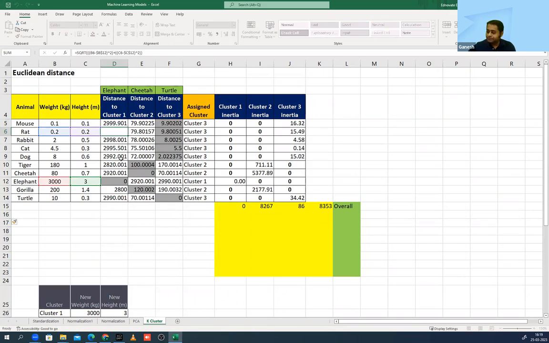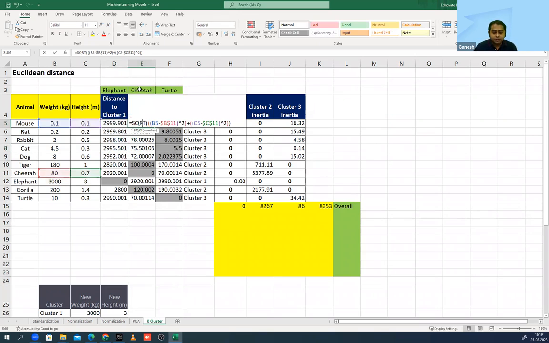Obviously, when I do it for the first time, it is not going to give a very good result because I have chosen randomly. Is everyone with me so far? And we'll do the same process for the second case, cheetah. Do you realize what I'm doing?